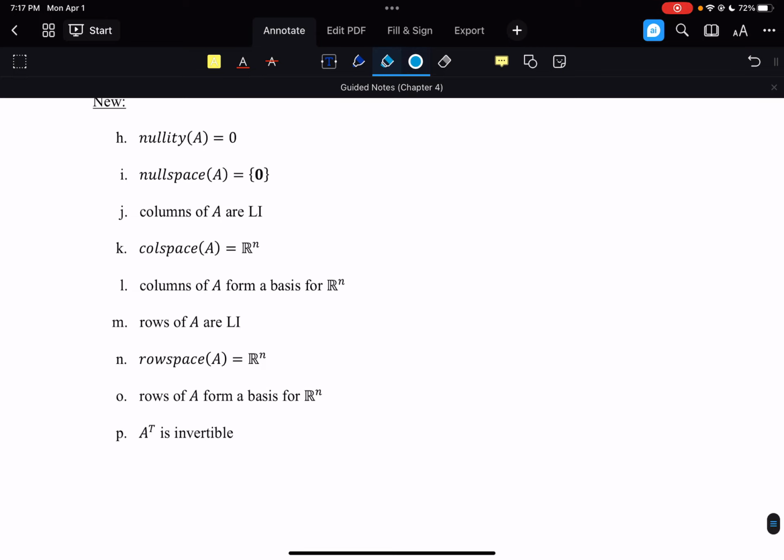So if a matrix is invertible, all of these things will be true about it. Or if any of these things are true, all of the others will be true simultaneously, and the matrix will be invertible. But that brings us to the end of this section and to the end of Chapter 4.